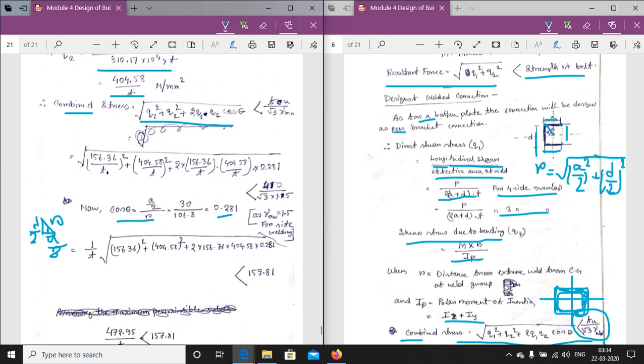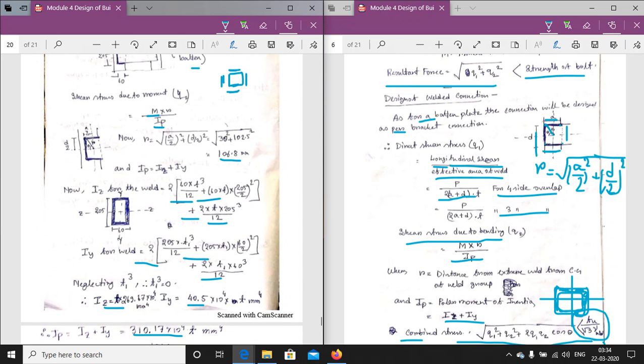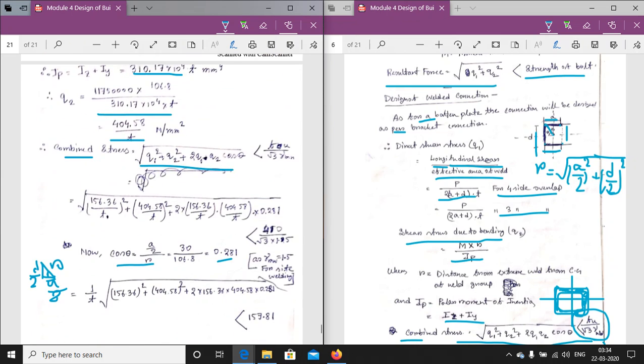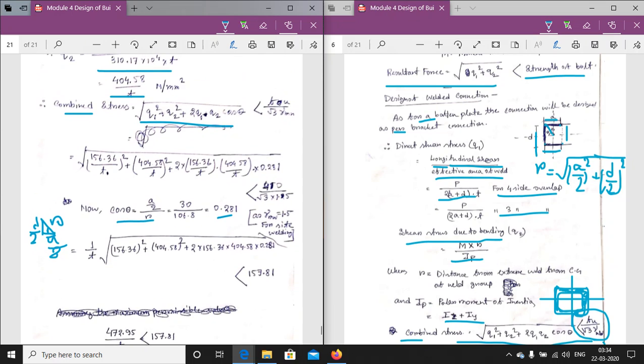Now it should be 156.36 by t square, Q1 square. We have got the value of Q1 as that. So Q2 square, putting in all the values and calculating, taking the t square in the outer section, 1 by t should be less than fu by root 3 gamma m2.